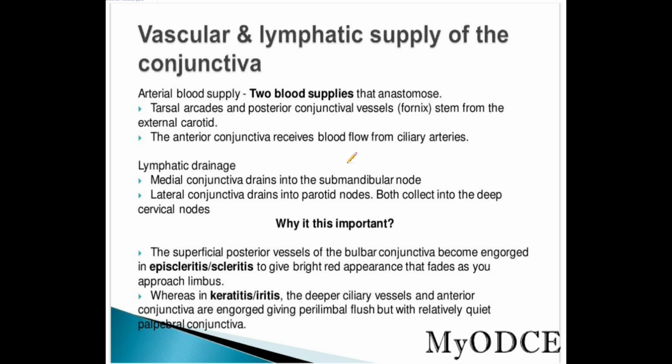Now we're going to talk a little bit about the vascular and lymphatic supply of the conjunctiva. Arterial blood flow to the conjunctiva consists of 2 blood supplies that anastomose on the bulbar conjunctiva. The tarsal arcades and the posterior conjunctival vessels stem from the external carotid, whereas the anterior conjunctiva receives blood flow from the ciliary arteries.